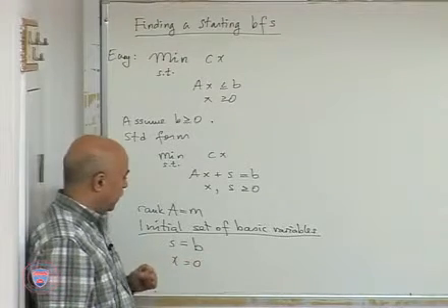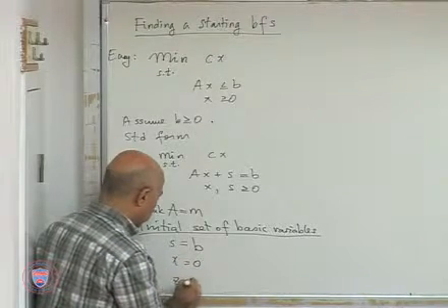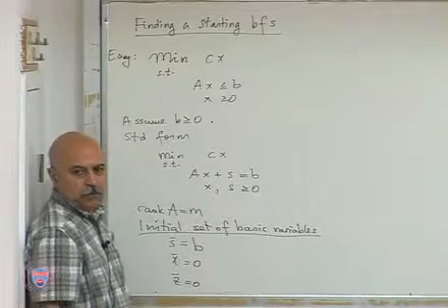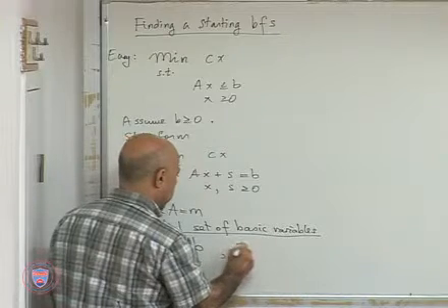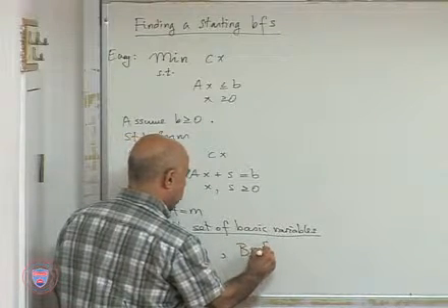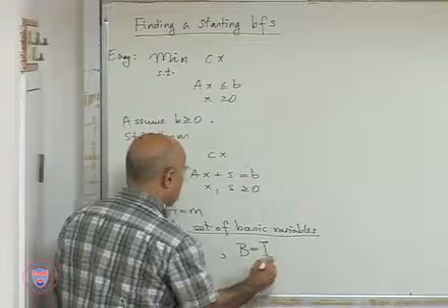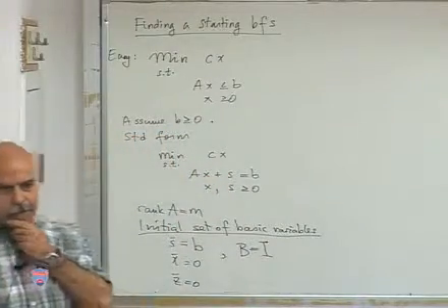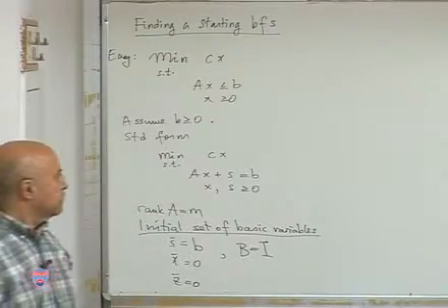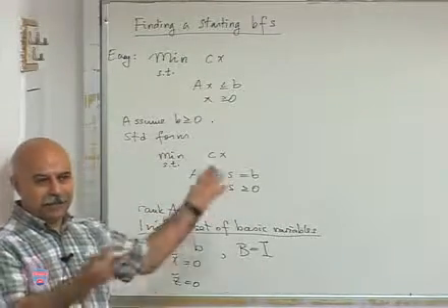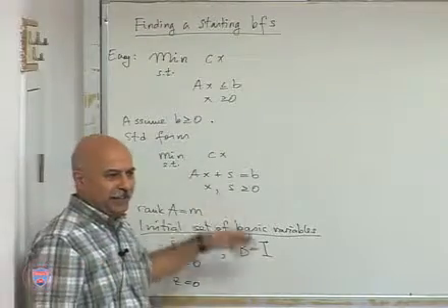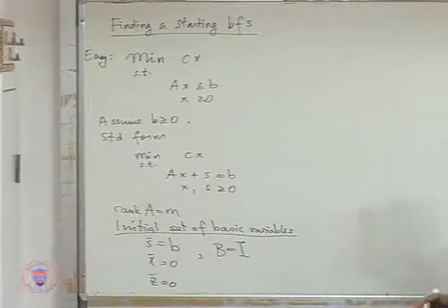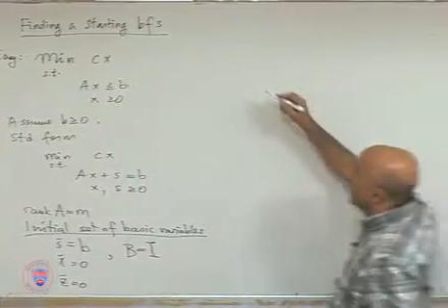Okay, it's satisfied. And the objective value is, of course, 0. That's the initial basic feasible solution. The identity is your initial basis because you have an identity in front of your S here. So that's the easy case. And the initial example I gave you at the very beginning was of this case, so we did not trouble with finding an initial basic feasible solution.